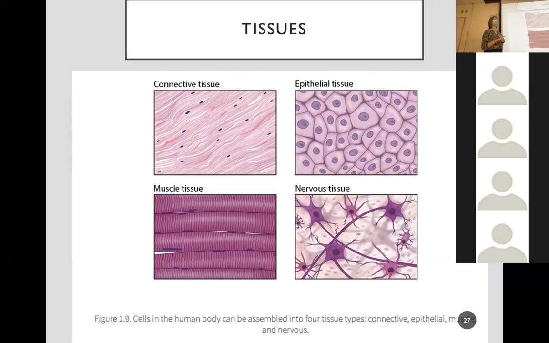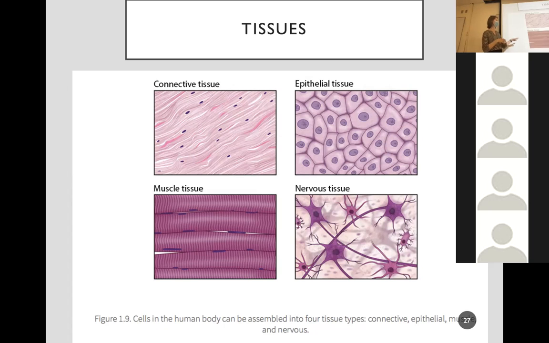Connective tissue is throughout our body. It's connecting muscle to bone, tendons to bone, ligaments to muscle, holding our organs in place, all of that. So connective tissue is kind of holding us all together. Epithelial tissue is essentially lining our internal cavities and also part of the external part of the skin. Muscle tissue is very obvious.